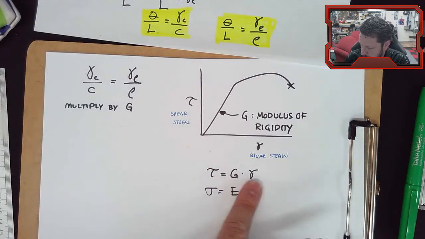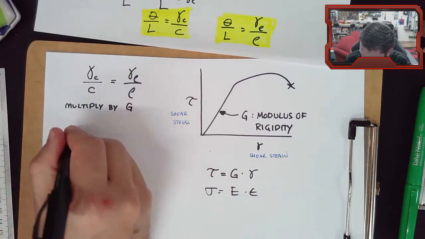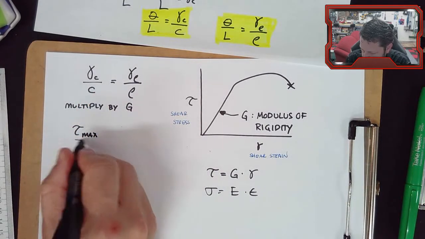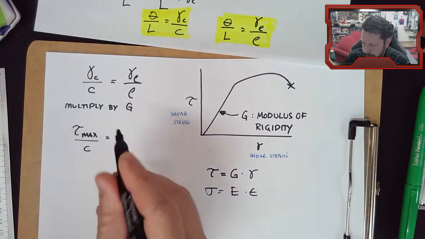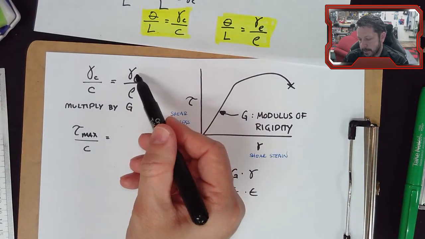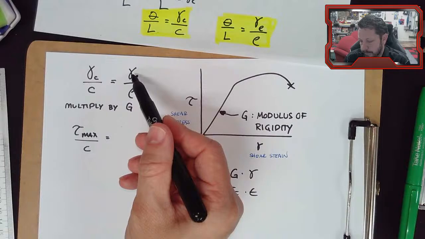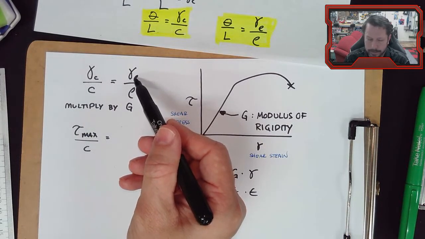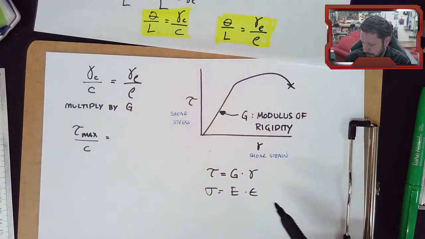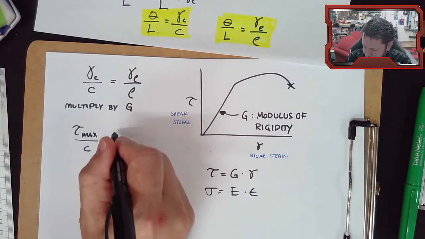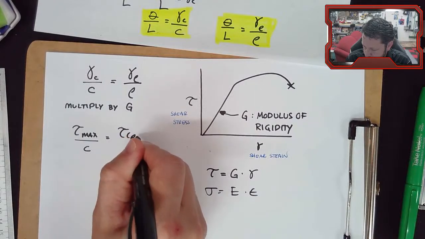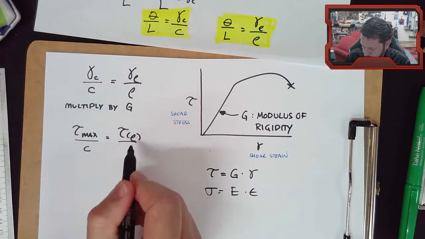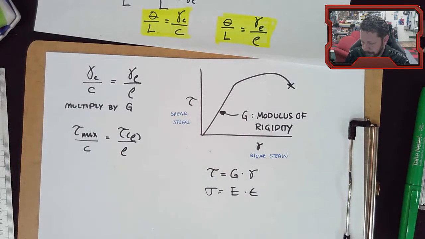So G times gamma. So I'm going to do tau max over C still equals, this is a function more or less. It's basically the shear strain at any point rho, multiply that times G, and I have tau at any point rho, so the shear stress at any point rho, divided by rho.